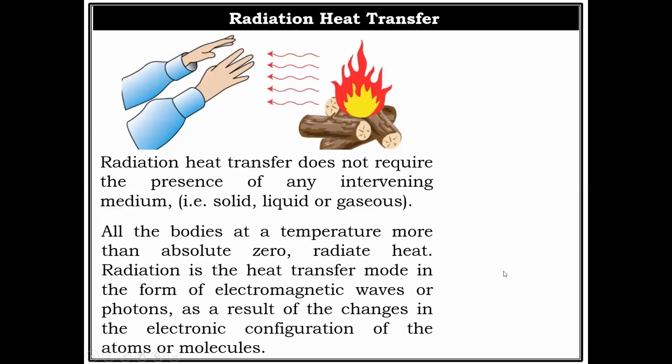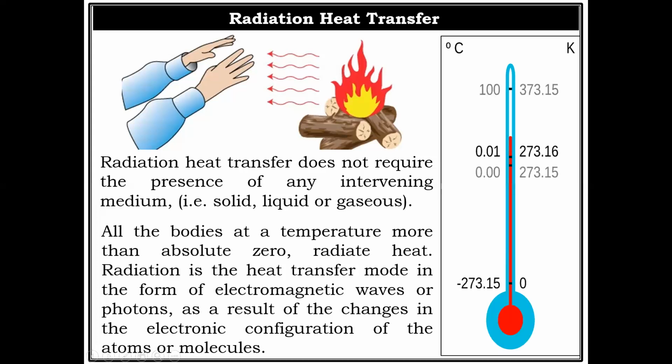Now the question is, what is absolute zero? When it is 0 degrees centigrade, that is equivalent to 273.15 Kelvin. So 0 degrees centigrade is not absolute zero. 0 degrees centigrade means 273.15 Kelvin.